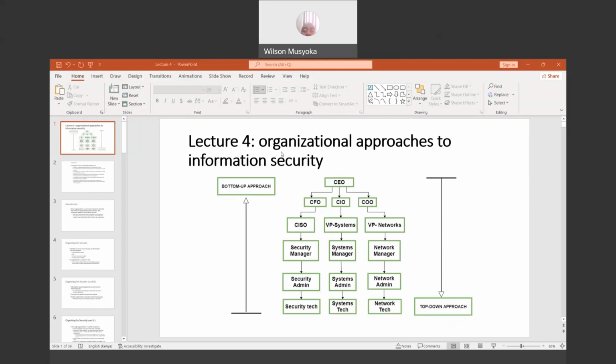There is usually what we call the bottom-up approach, whereby information security is implemented from the technical level and then moved upwards.